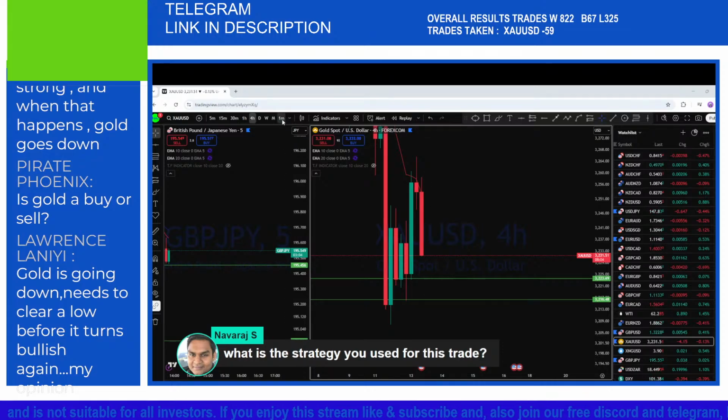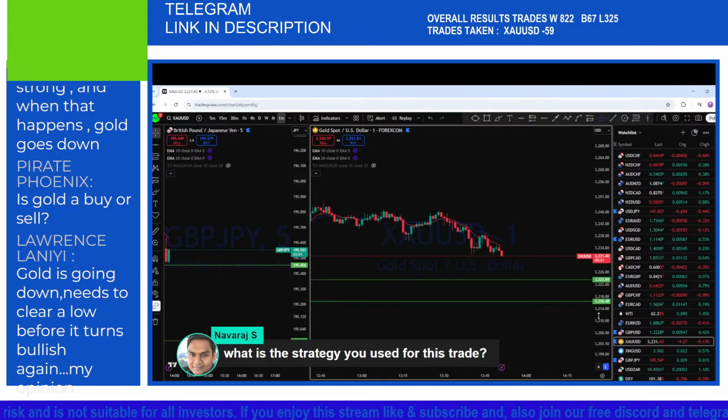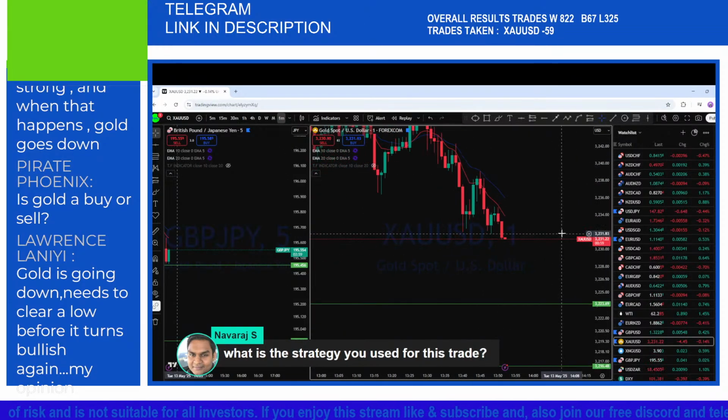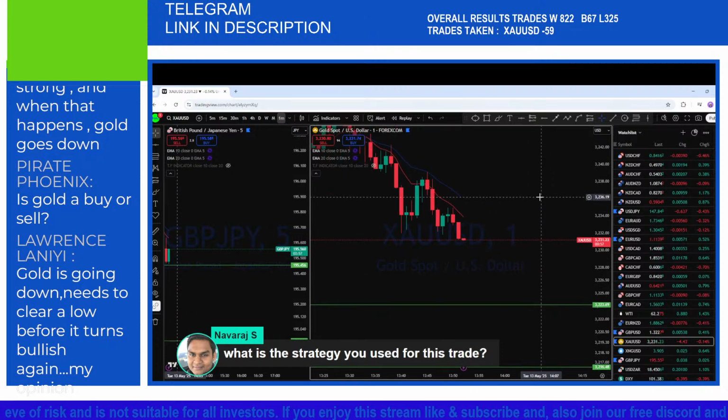So you can see here, after this liquidity grab, it starts to break below in that area.